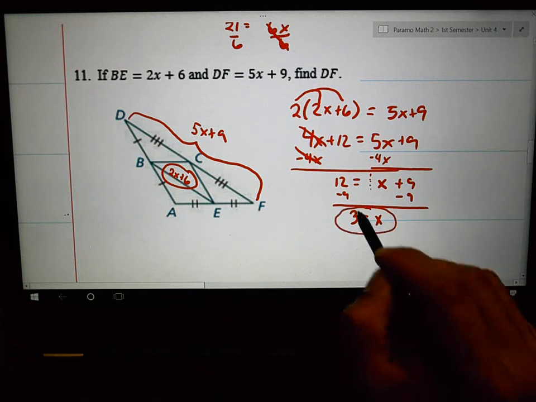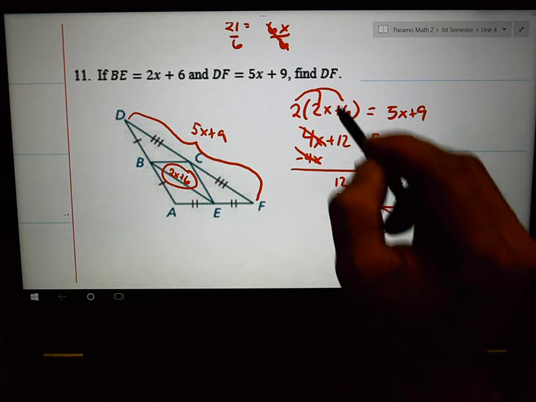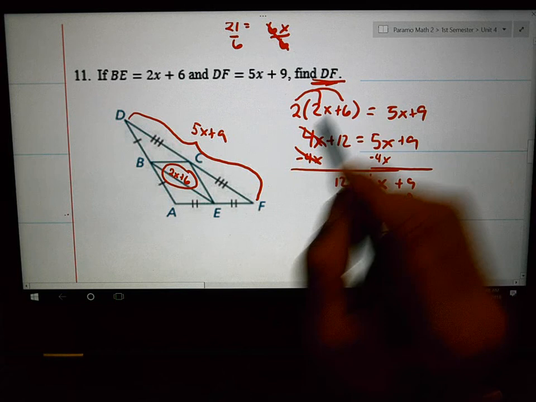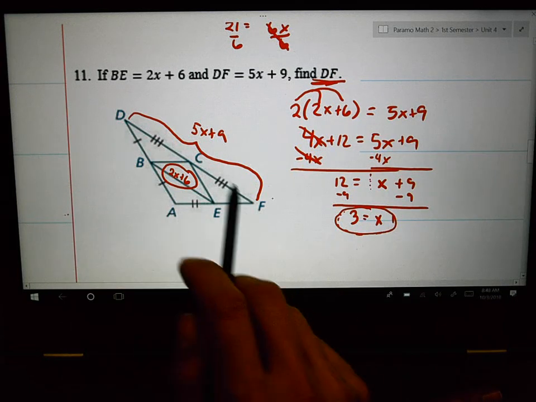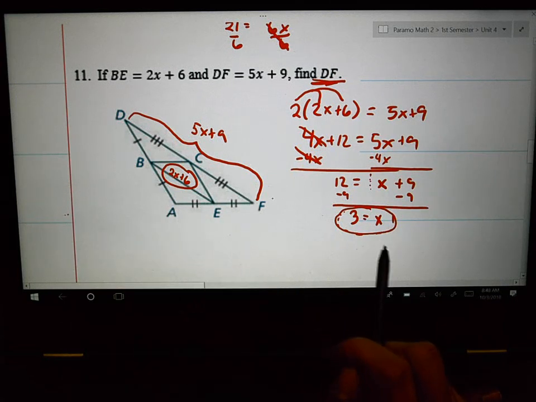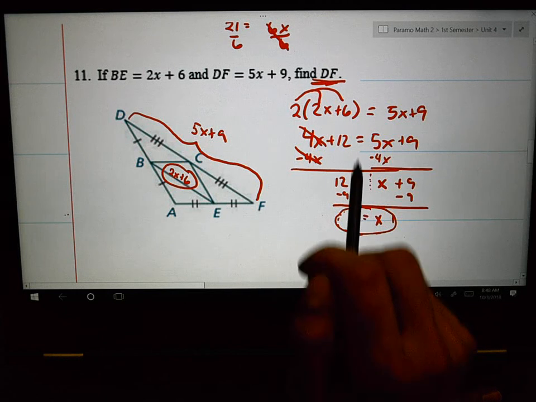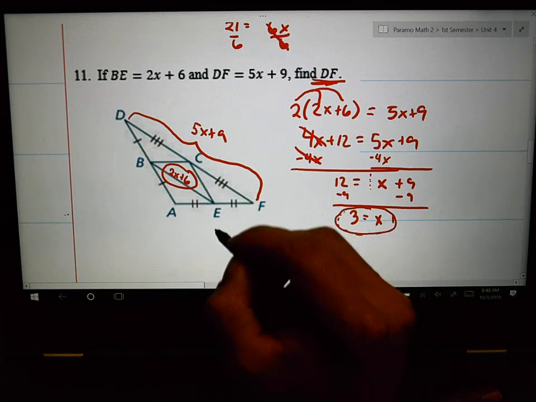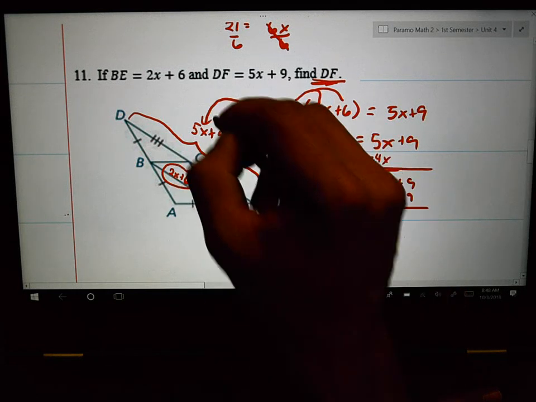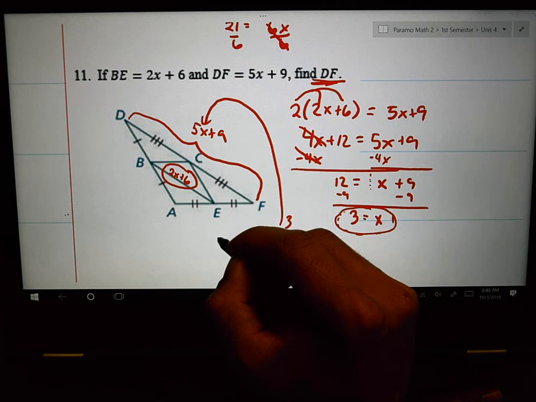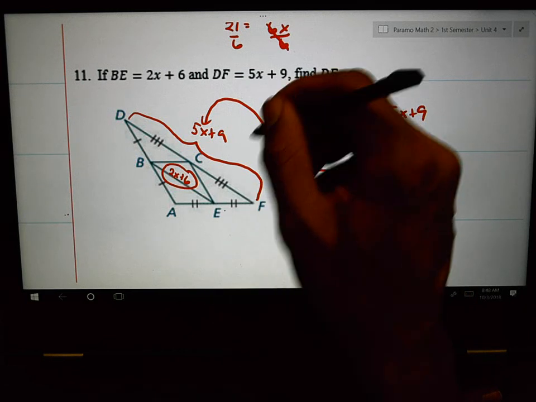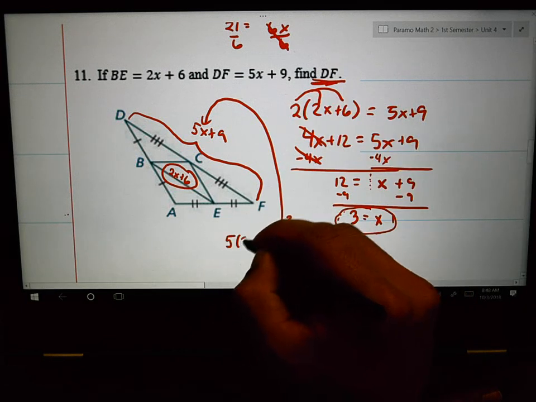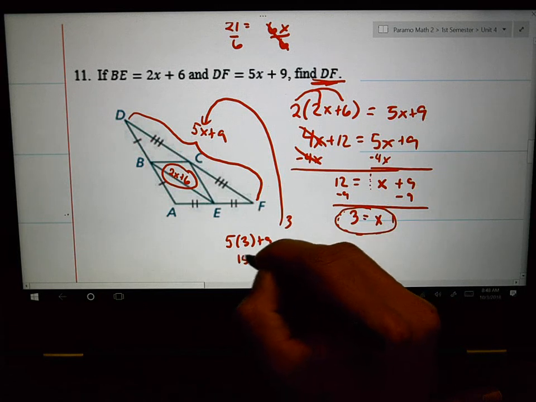The A students, on the other hand, are going to go back and read the question. The question says, how long is DF? The answer is not 3. The answer is where we take this answer, plug it back in, plug 3 in there and get 5 times 3 plus 9. 15 plus 9.